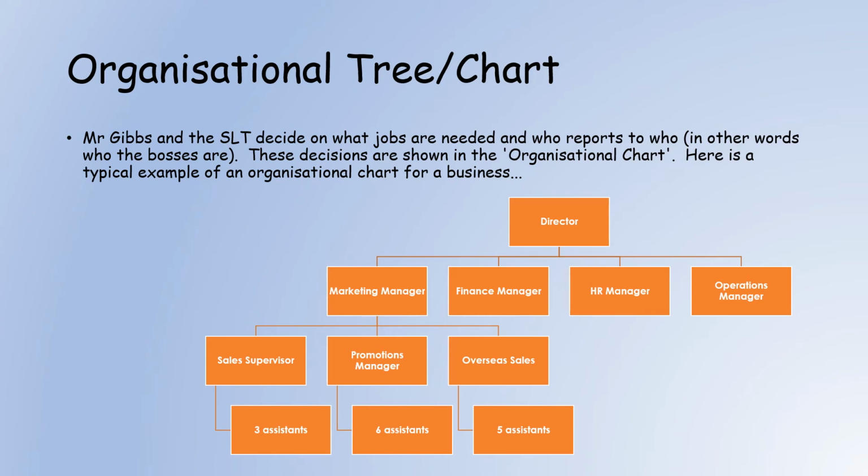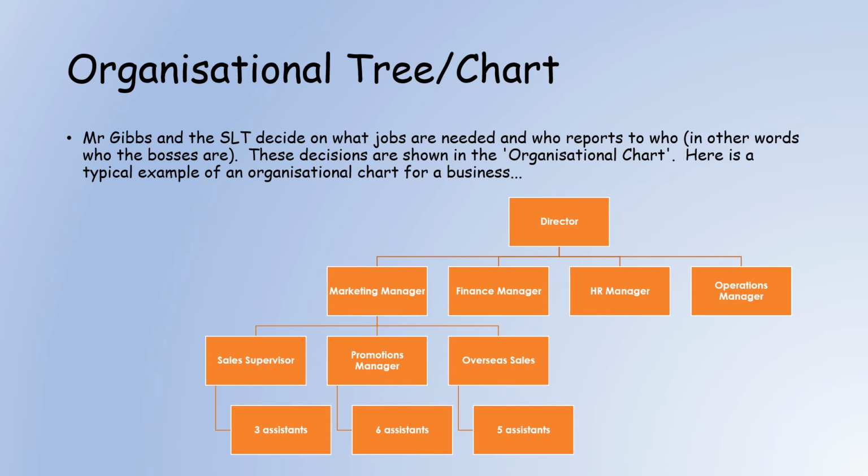So the marketing manager has a sales supervisor, a promotions manager, and an overseas sales manager reporting to them. And each of those supervisors and middle managers have assistants. So, for example, the sales supervisor has 3 assistants reporting to that person.